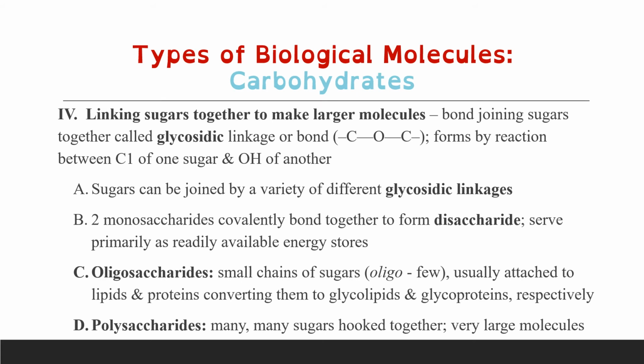They serve primarily as readily available energy stores. You also have oligosaccharides, which are small chains of sugar, usually attached to lipids and proteins, converting them to glycolipids and glycoproteins respectively. And then you also have your polysaccharides, which are composed of many sugars hooked together, and they form very large molecules.